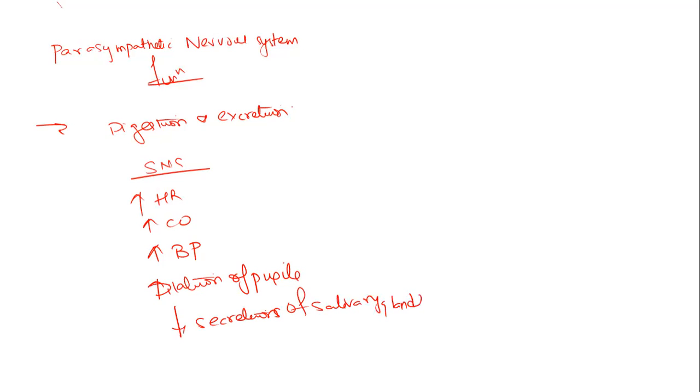So here, everything happens opposite. Here you can see heart rate is decreased, cardiac output is decreased, blood pressure is decreased, and there is constriction of pupil. Okay, and that is called miosis. Okay, and salivation increases.